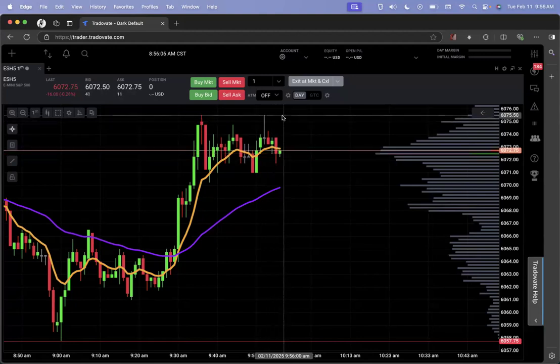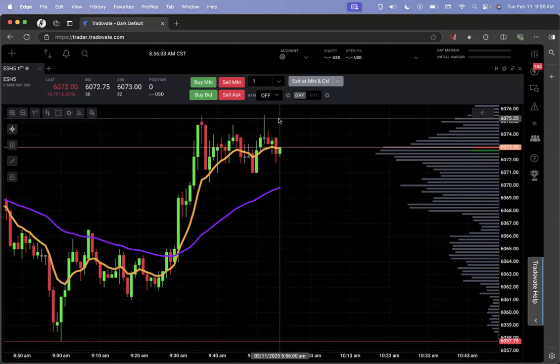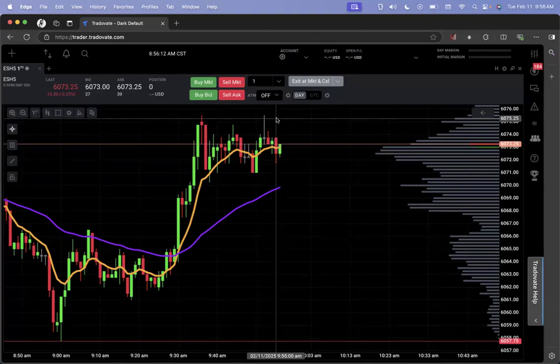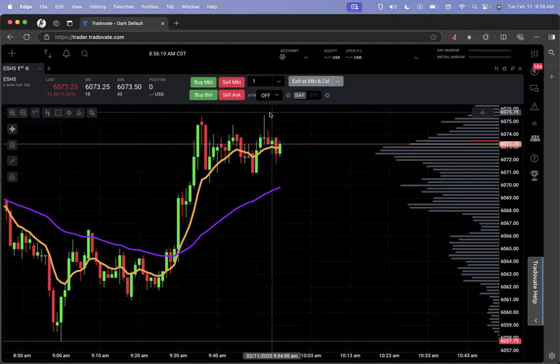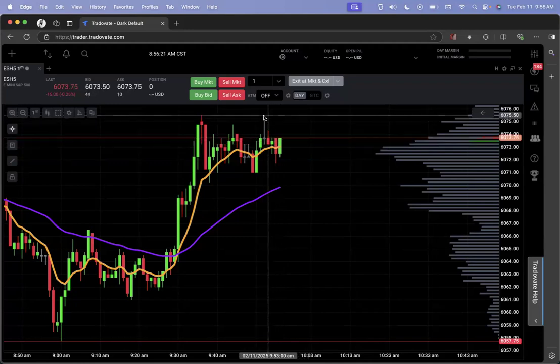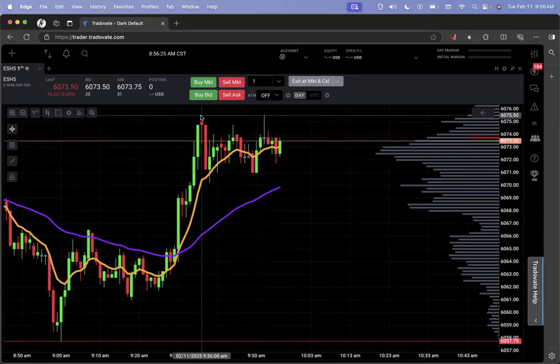So you don't have to guess, oh, when do I get out? When do I get out? I'm losing so much. When do I get out? First of all, you're not going to lose a lot because you're keeping your stop tight, right? And then you know where you're stopping out because you're just looking at the chart and saying, well, we've only touched this level twice within the last hour.